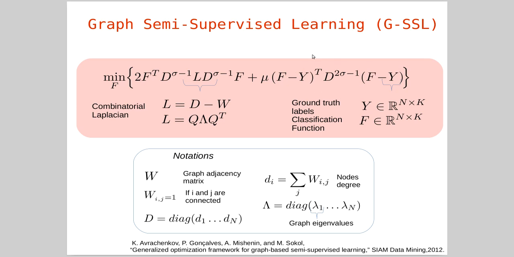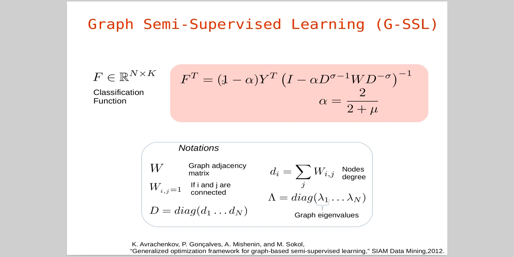When you minimize this functional, you are able to solve it analytically, and you obtain that your classification function f depends on y, the input labels, but also on the inverse of this matrix, with some parameter alpha defined from the mu parameter, which was the relative strength of the graph term and the input label term.